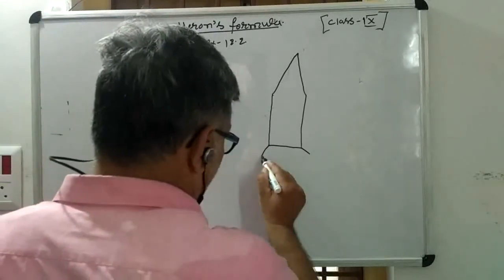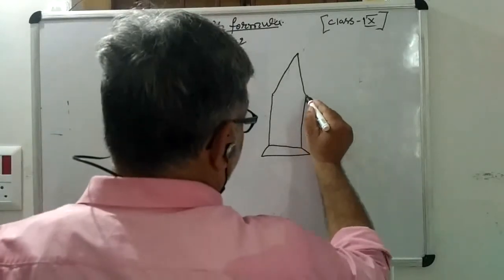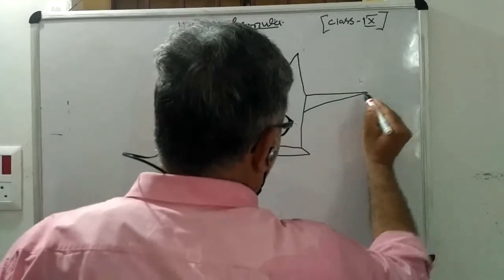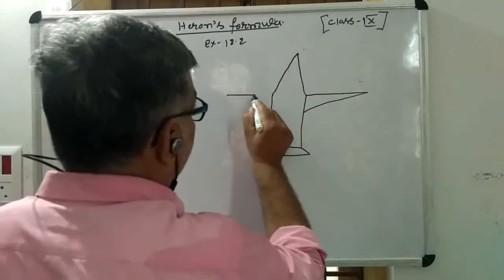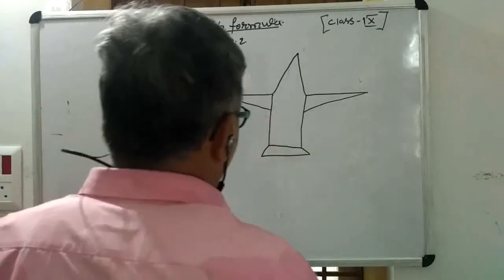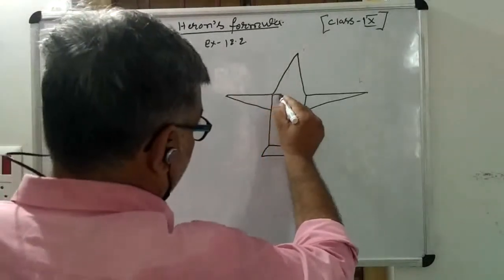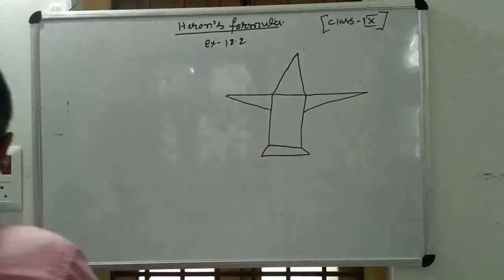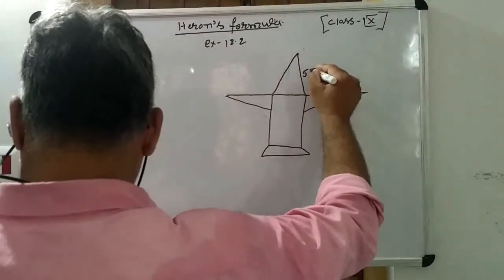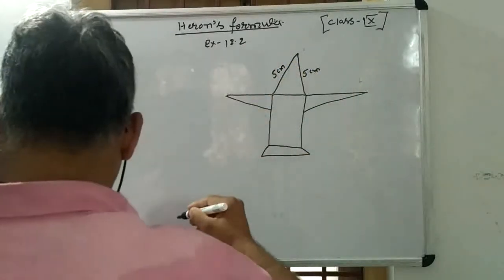I am drawing a smaller aeroplane, and whose wings are, suppose this is the aeroplane and the dimensions are also given. This is 5 centimeter, it means this is also 5 centimeter.